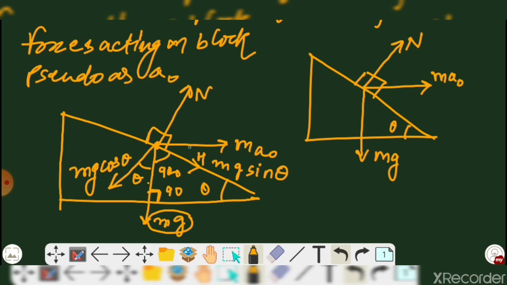Fine. So now another point is, let us resolve the components for N and ma0. Now for the ma0, see, it is the resultant, so we are considering one component over here and one component over here. Fine. If it is 90 minus theta, it will be considered as theta, and again it will be considered as 90 minus theta.